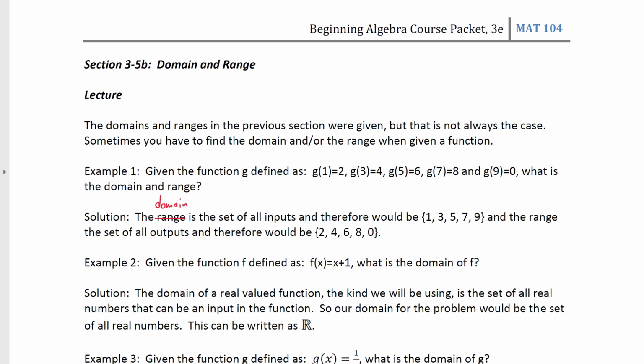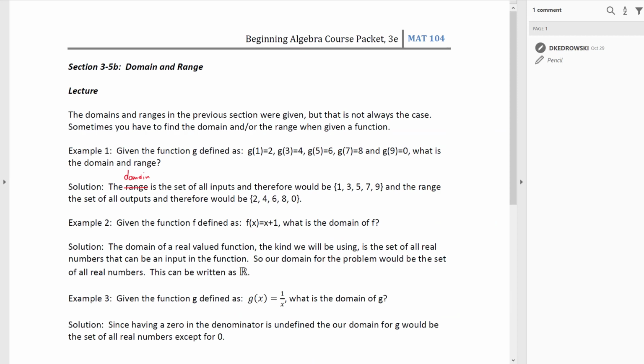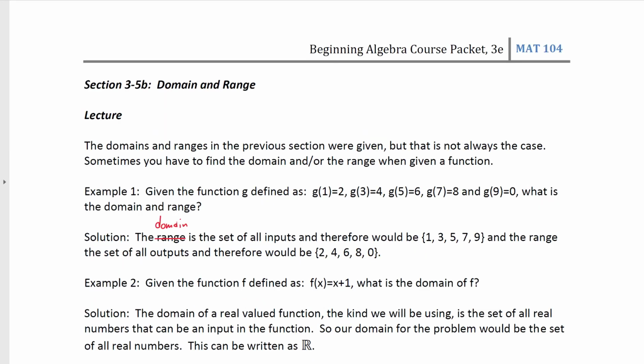Now before we dive into finding domain and range, let's talk a little bit about function notation. Let's say we were to start with a relation like y is equal to 2x plus 3.